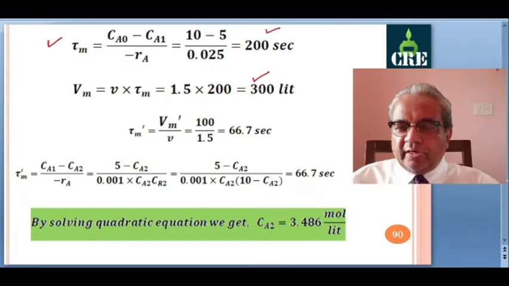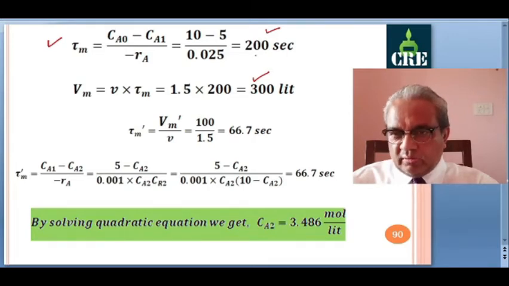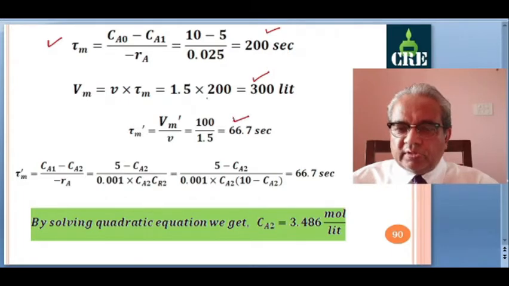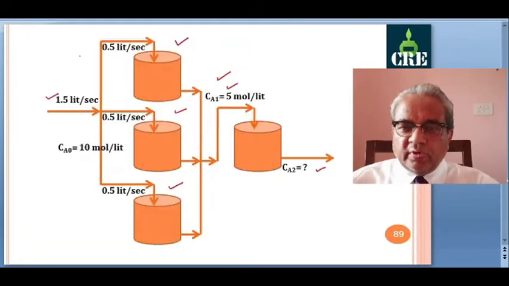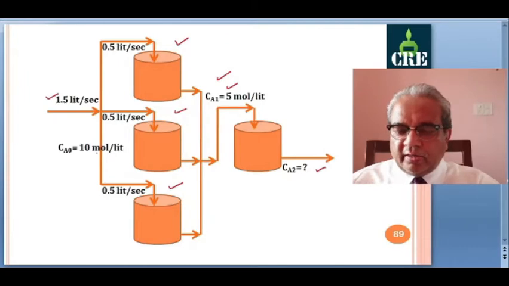So these three reactors of 100 liters each I have used in parallel. Then in each reactor tau m will be 100 by 1.5, 66.7, that is one third, one third, one third. You can divide this by 3, same thing. 66.67 is the residence time in each reactor here.